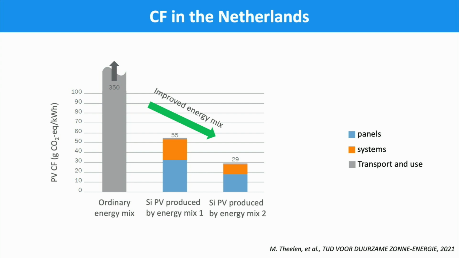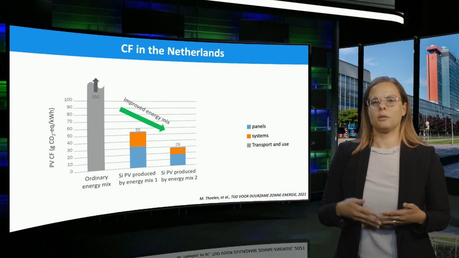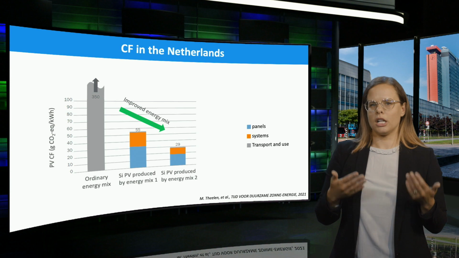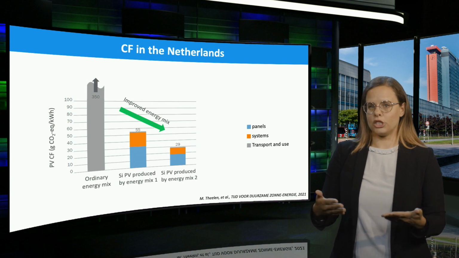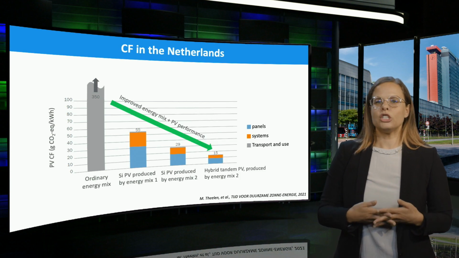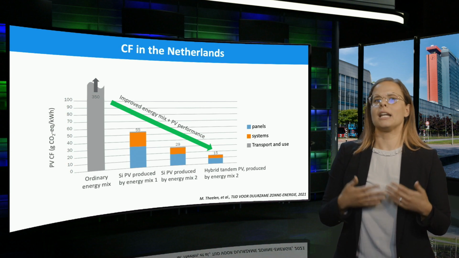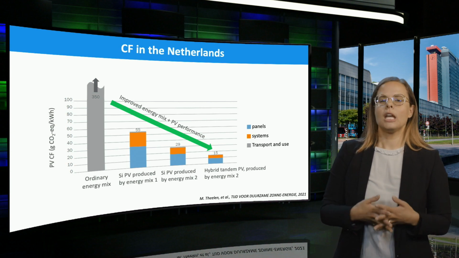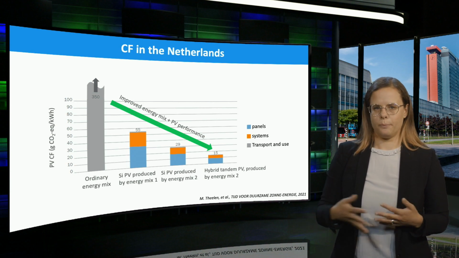A higher share of renewables represents an energy mix type with lower carbon footprint. With the improved energy mix, and provided that the PV technology is the mature industrial crystalline silicon technology, the PV carbon footprint can be further reduced. In addition, if we further include increased PV performance, such as applying a hybrid tandem PV technology, the carbon footprint of the PV system can be further reduced.